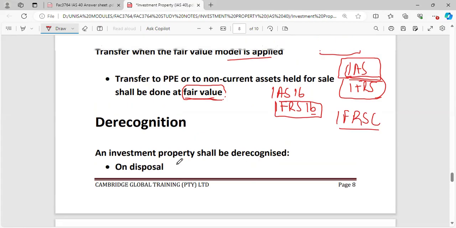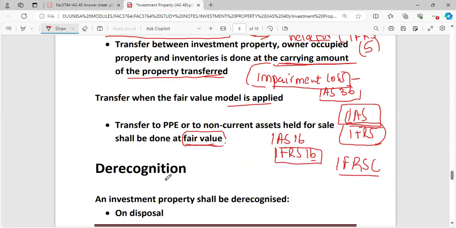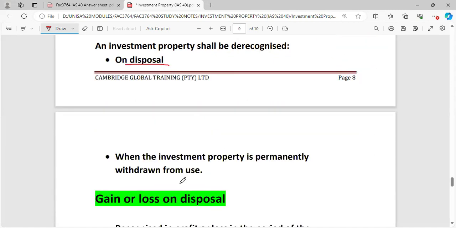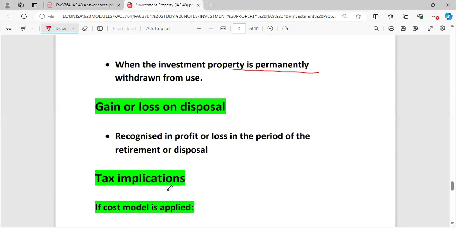Right, then let's look at when we want to recognize. We can dispose of an investment property. That is going to be derecognition of investment property. Then what is going to happen on the gain or loss on disposal?